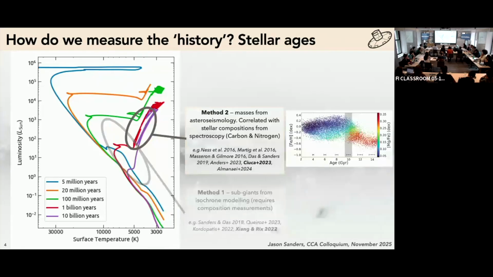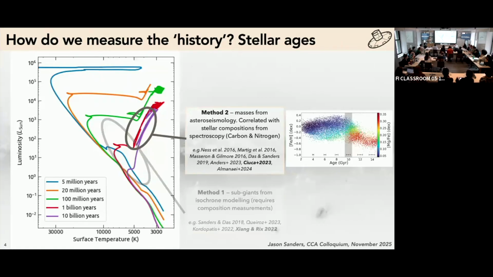As we move up the giant branch, the separation between different age populations in luminosity becomes much harder to do. So the typical way that's been built up over the last 10 years for tackling this problem is by using carbon and nitrogen information. So if you have spectra, like from APOGEE, you can get carbon and nitrogen measurements.